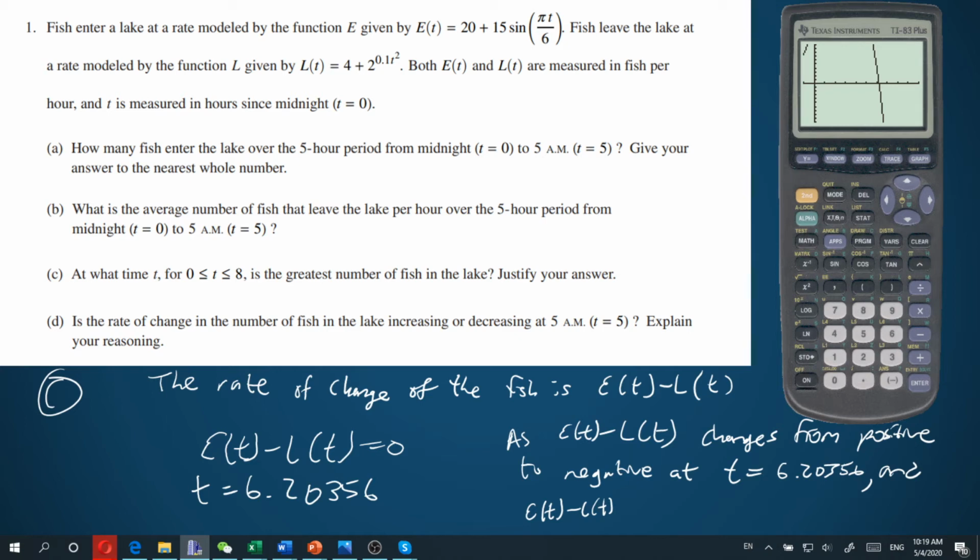So what about the graph of ET minus LT tells us that the point we found must be the absolute maximum from 0 to 8? I don't get it.